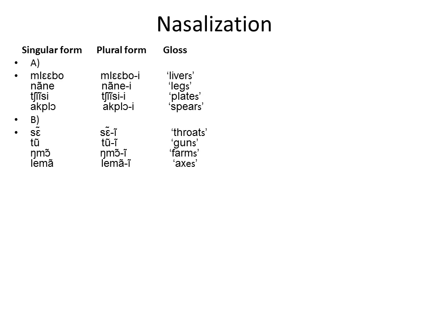This language has two types of underlying vowels. It has an underlying oral vowel and an underlying nasal vowel. That is to say, the two vowels are distinctive phonemes in this language.